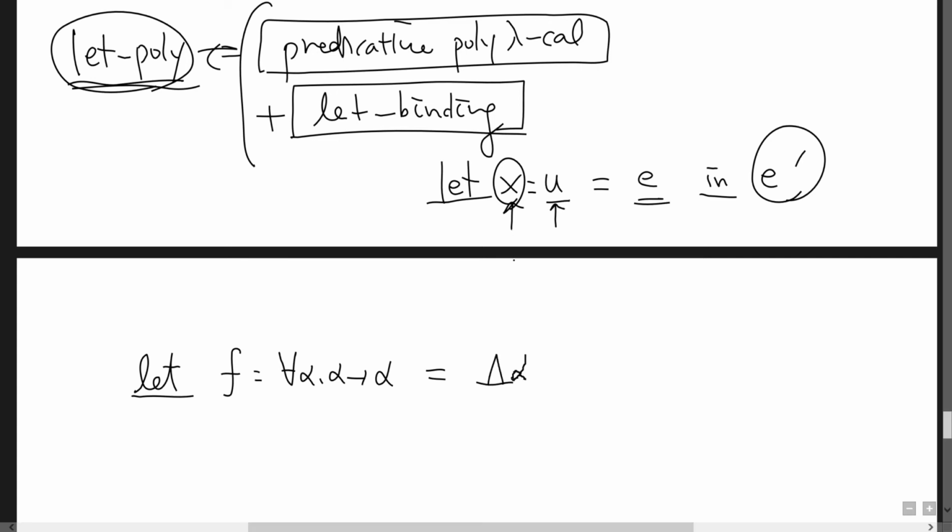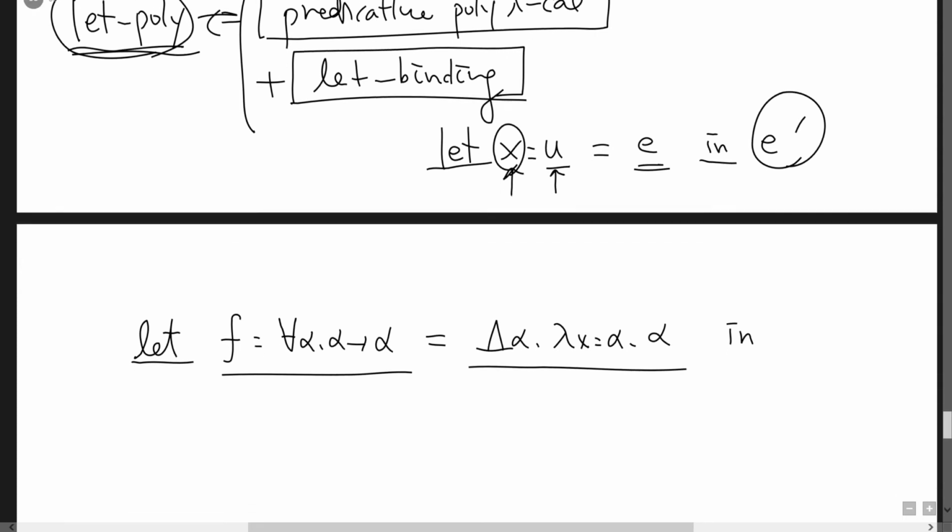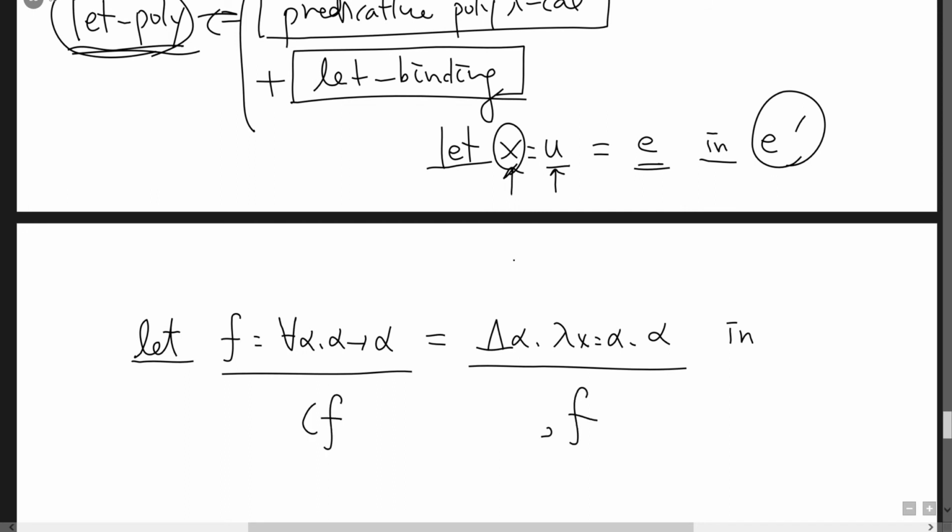So we created this polymorphic identity function, and it is bound to this variable f of a polymorphic type. And inside this let construct, we are going to apply this function f really polymorphically. First, to Boolean type.